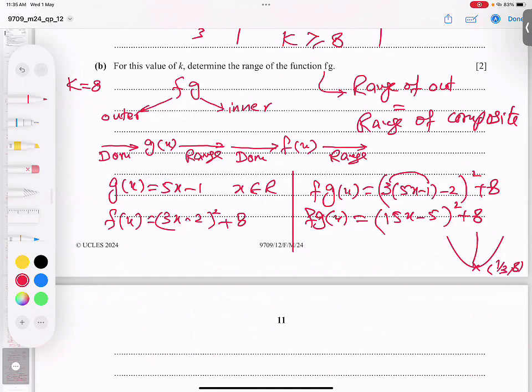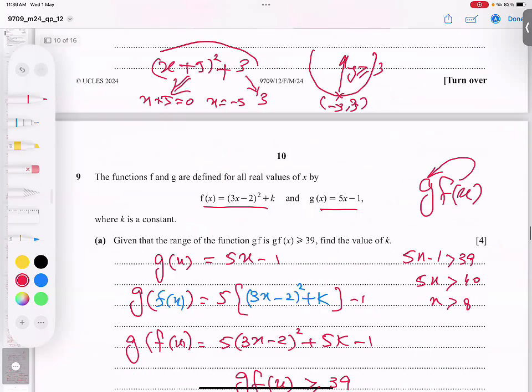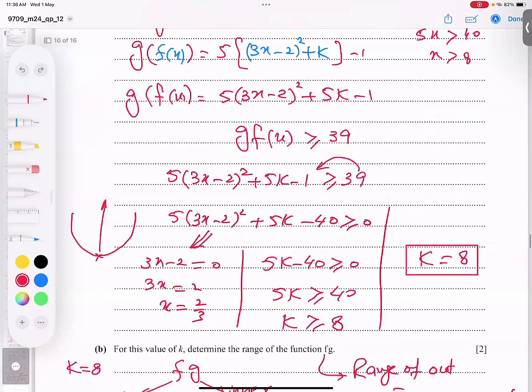So the y value rises up from 8. So the range, alhamdulillah rabbil alameen, becomes bigger than or equal to 8. So this is my final answer. And I believe you got the definition clear. Every time in a parabolic curve, this concept will play a very vital role. And I hope you got the point.